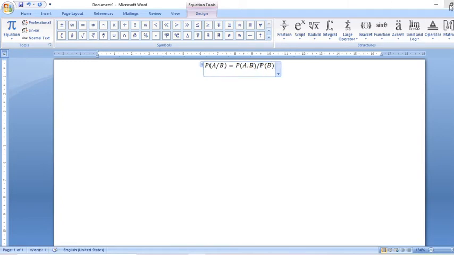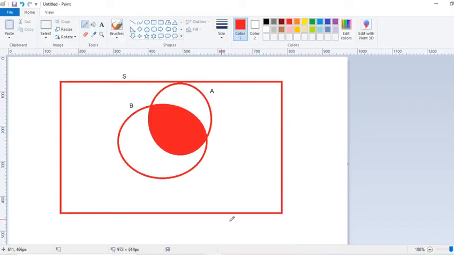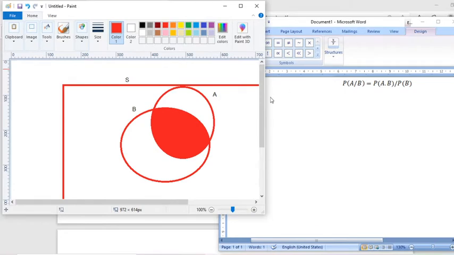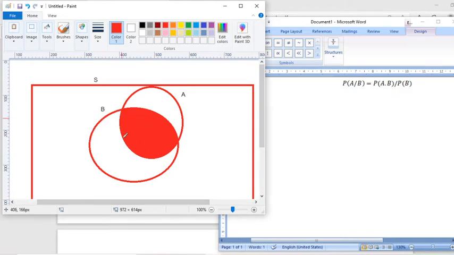So when we look at this figure, in B, what is the probability of A? This is the portion of A in B. If we consider only the section B, what is the probability of A happening inside B?